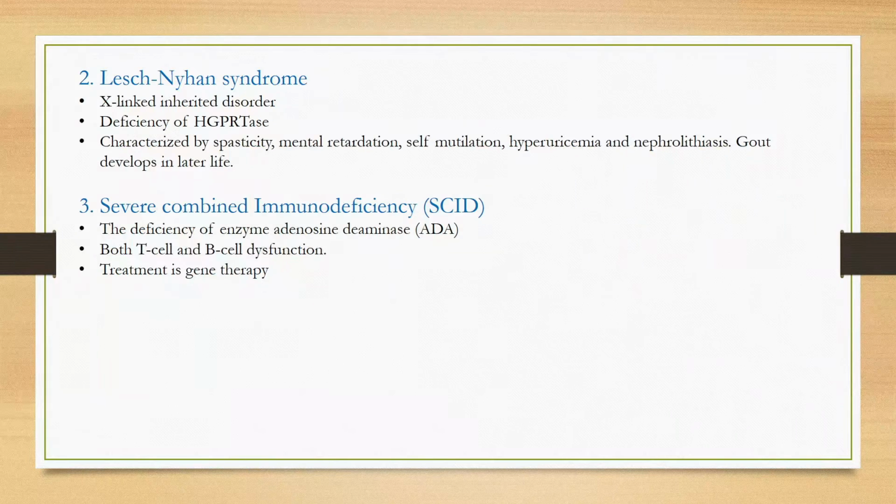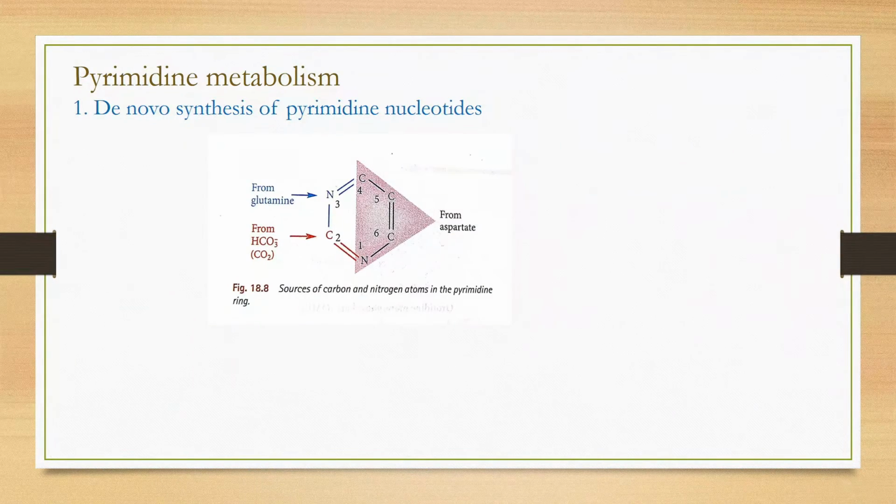T lymphocyte and B lymphocyte production is inhibited, combined immunodeficiency develops, and the treatment is gene therapy. So we have completed purine metabolism.